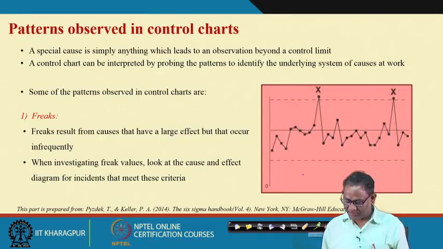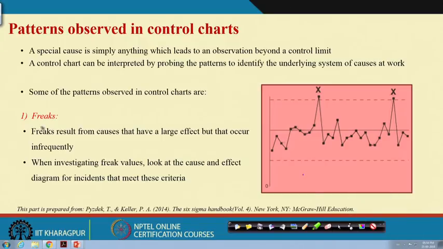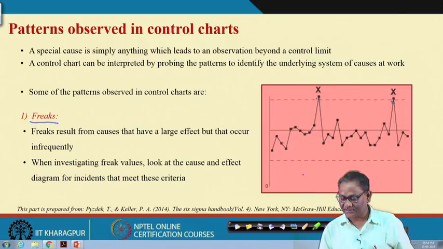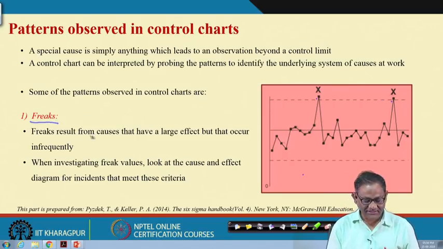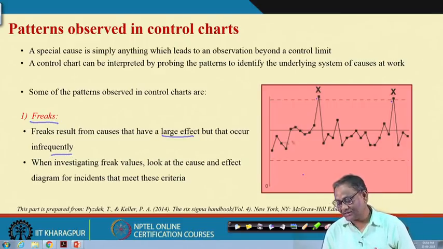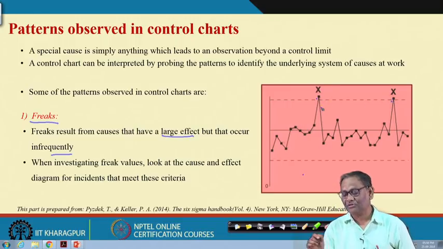You will find different kinds of patterns in the control chart. Here you see that these are basically freaks, which result from causes that have a large effect but occur infrequently. You see that only 2 times it occurs beyond UCL. I am not saying that this is incident data, this is any kind of data.